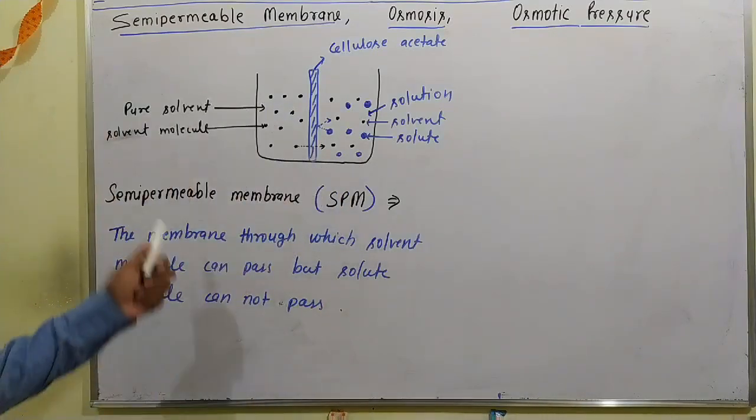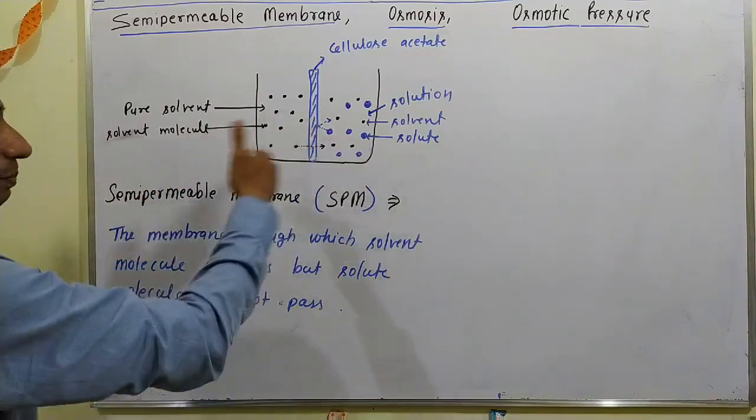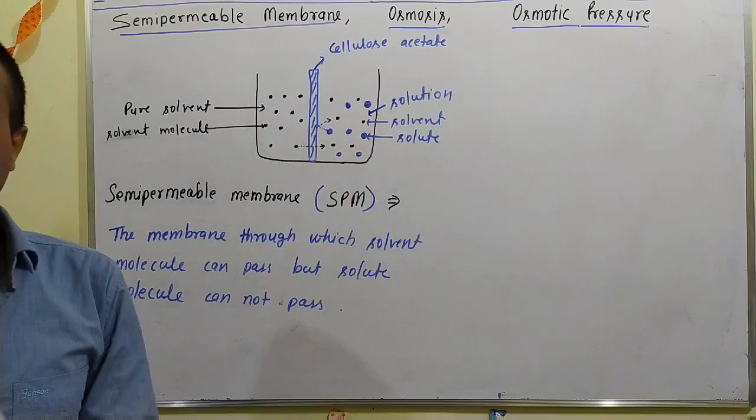This type of membrane is called semi-permeable membrane. Solvent molecules pass and solute molecules cannot pass through it.